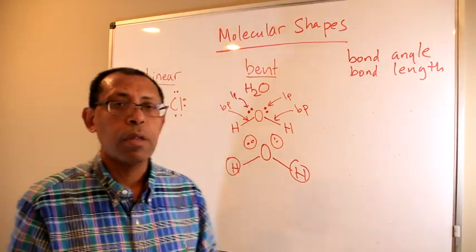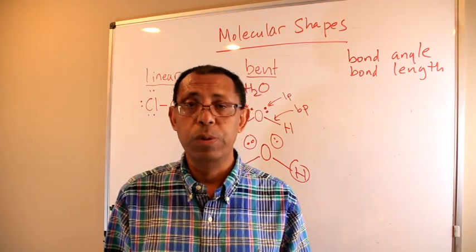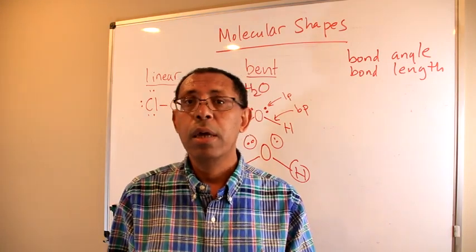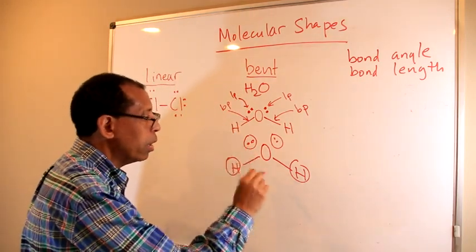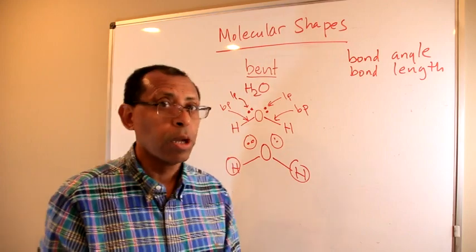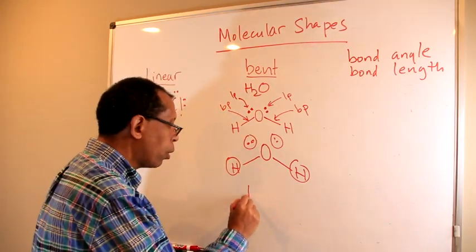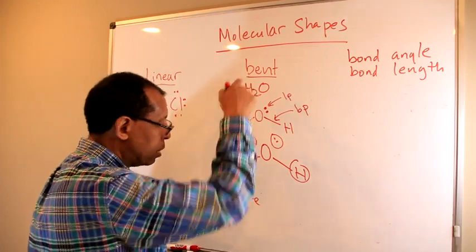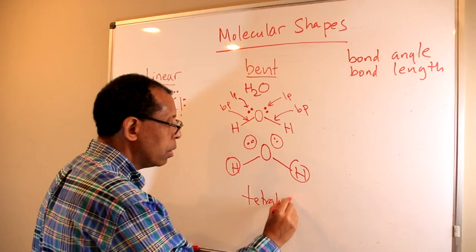Therefore, actually it has 4 groups that are attached to the central atom, including the lone pairs and the bond pairs. Therefore, oxygen actually has a tetrahedral shape. There are 4 groups attached to it. Therefore, we call this a bent, obviously it is bent, and a tetrahedral shape.